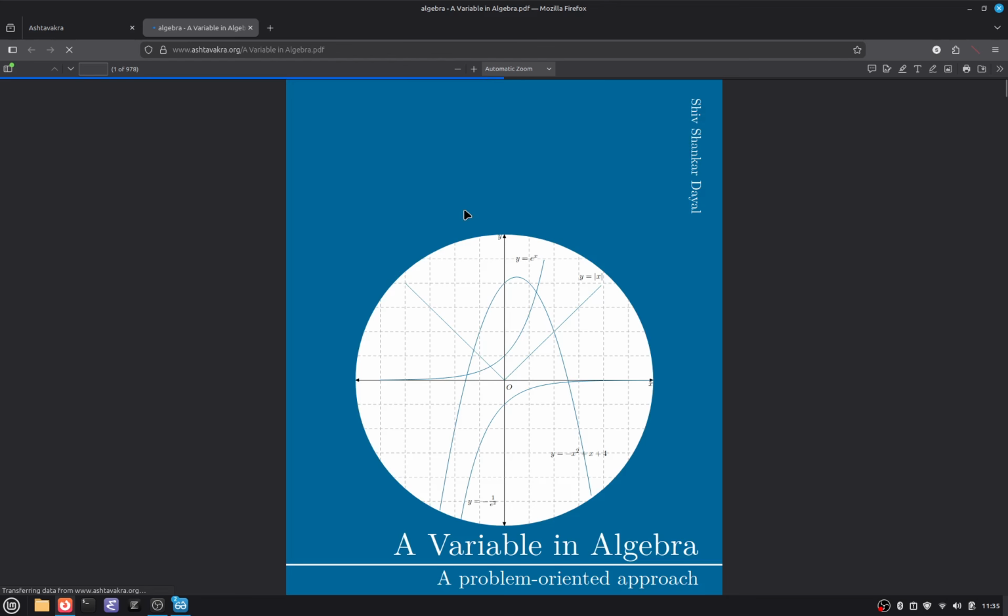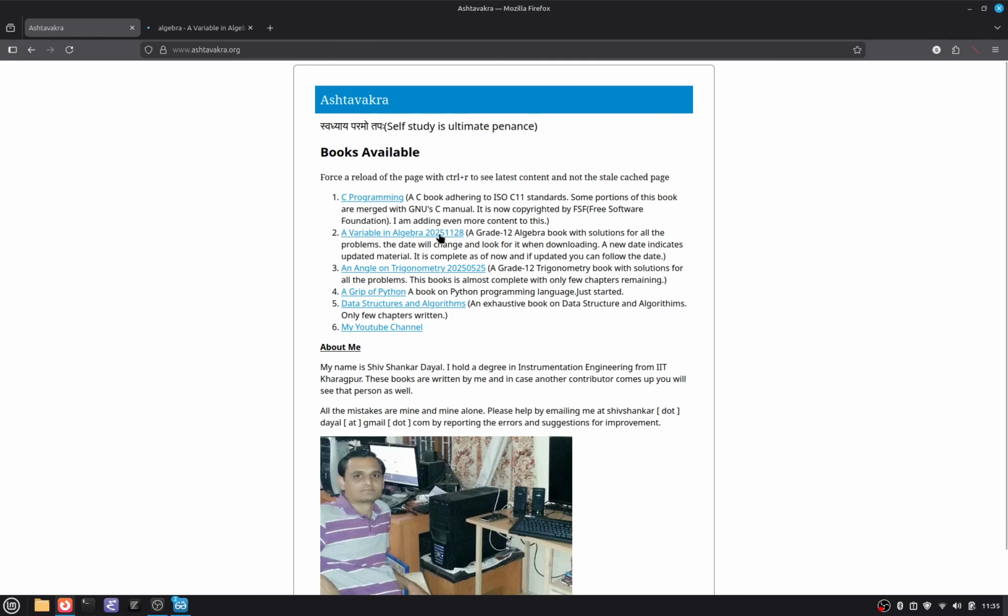You can use the save button here and save the PDF on your mobile, laptop or desktop to read. The typing mistakes will be corrected, and when it is corrected, this date will change. So always make sure that the PDF which you have is downloaded at a date. If this link has a later date, then you need to download again for corrections.